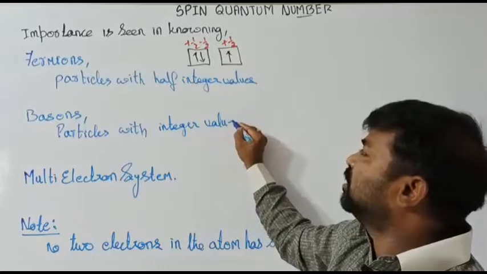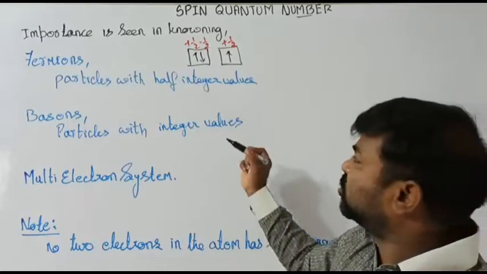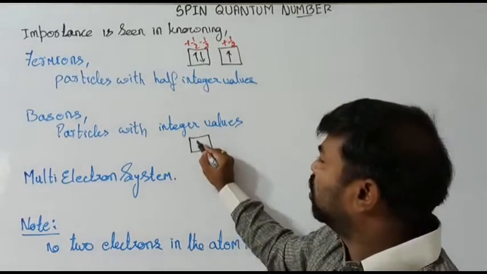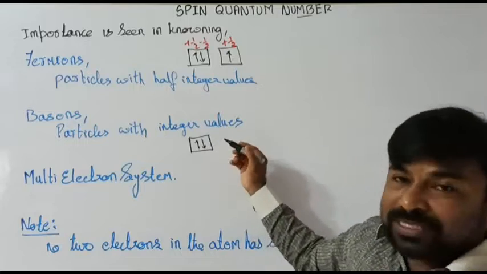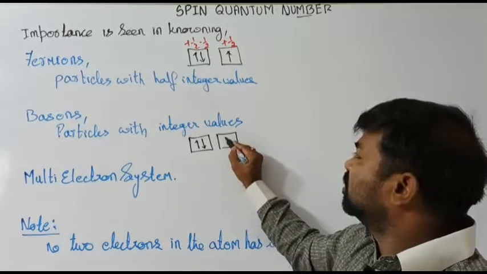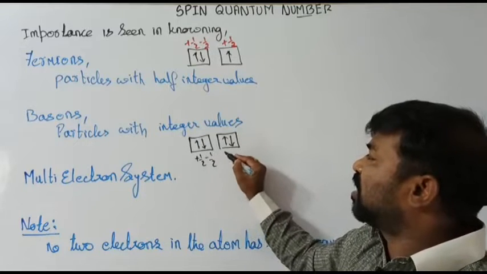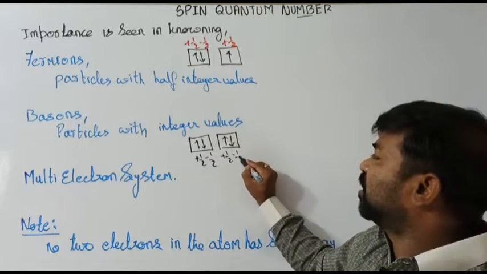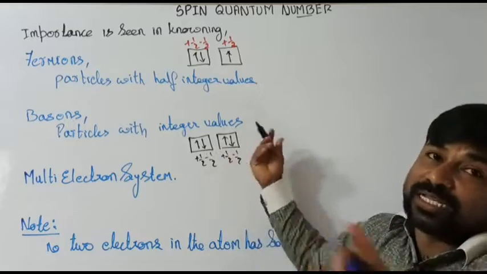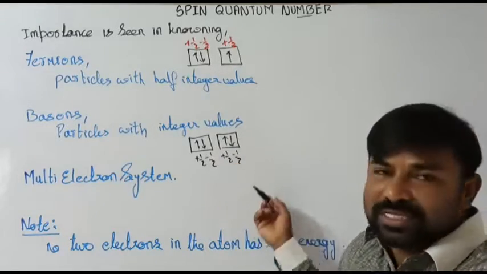For any structure in this model, with up spin and down spin, in the same way, here it is plus half and minus half, again plus half and minus half. It's nothing but a whole integer. You can go for 0.